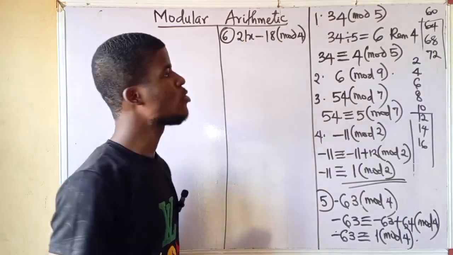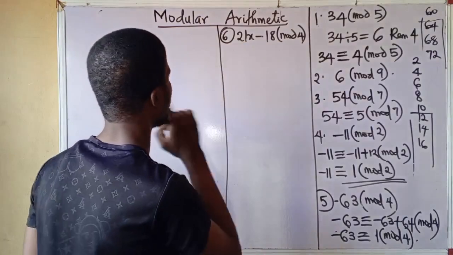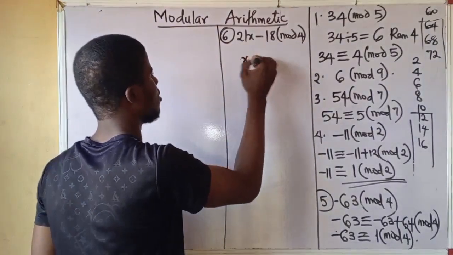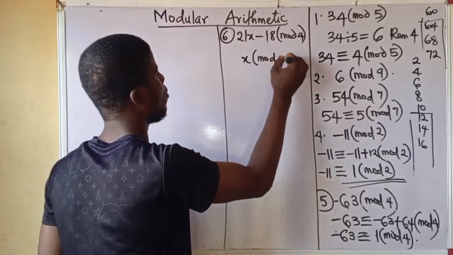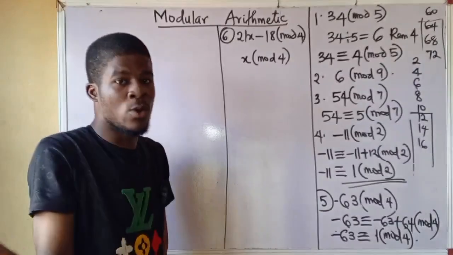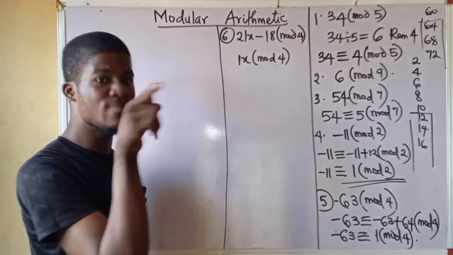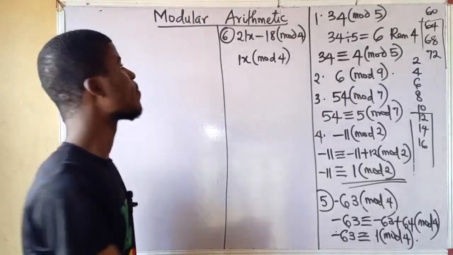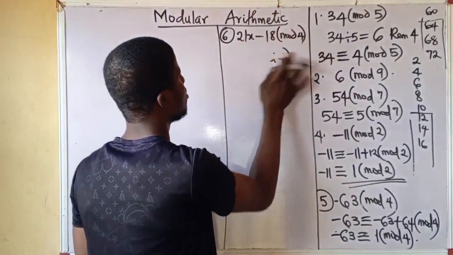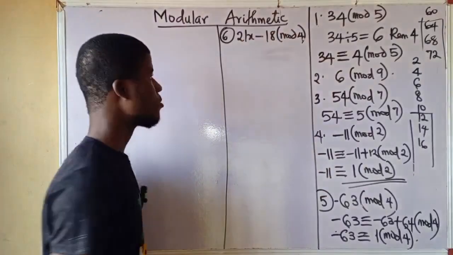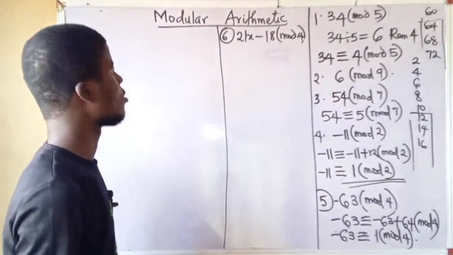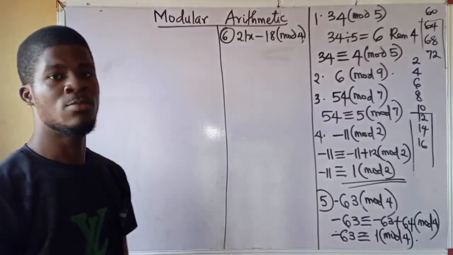Actually, x is an integer in modulo 4. The reason is simply because the coefficient of x here, which is 1, is less than the modulus, which is 4. So we have 21 in this case, which is greater than 4, so it is not in modulo 4.